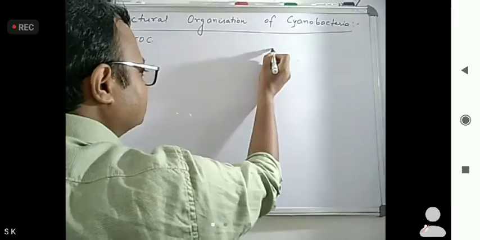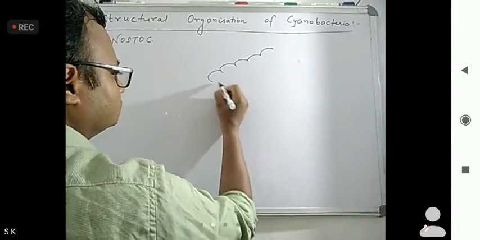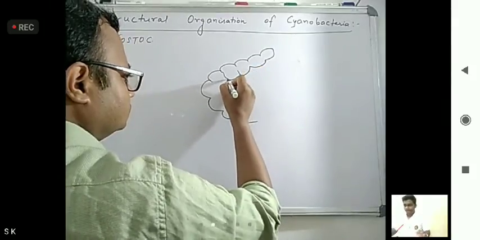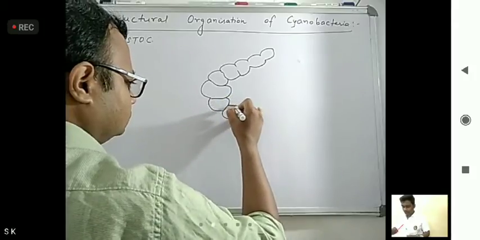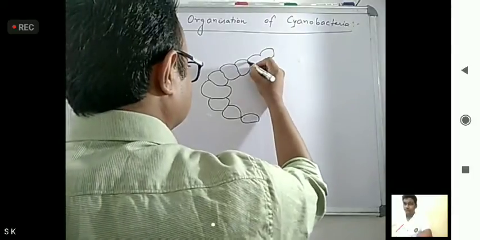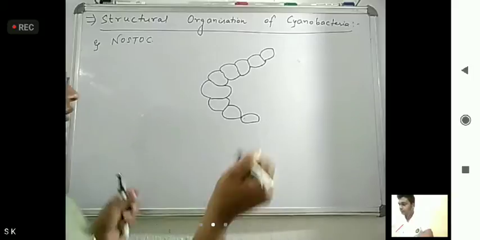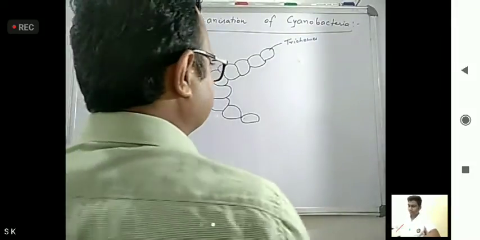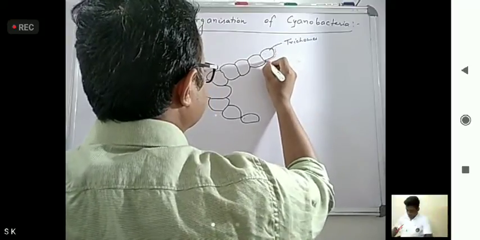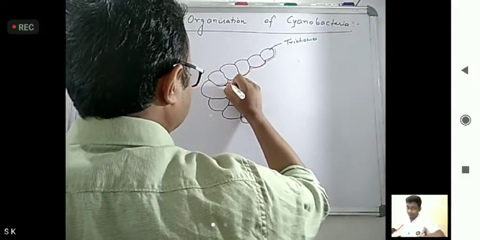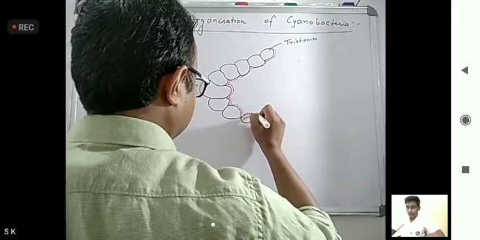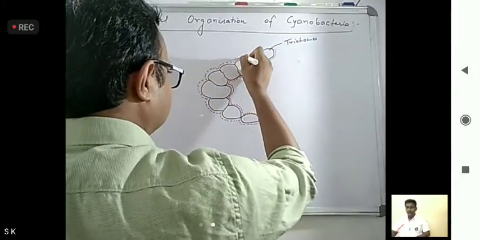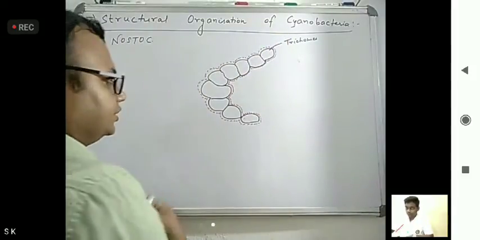There is a structure we saw. Each box-like structure is known as a trichome. And all of this is covered with one covering known as the mucilaginous sheath. So this is the mucilaginous sheath.